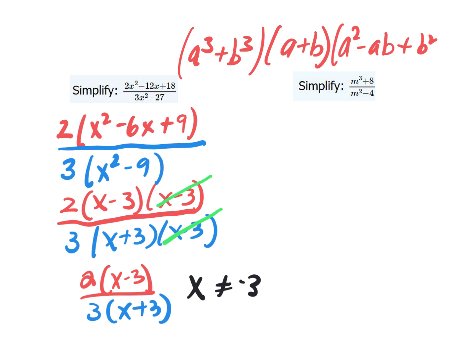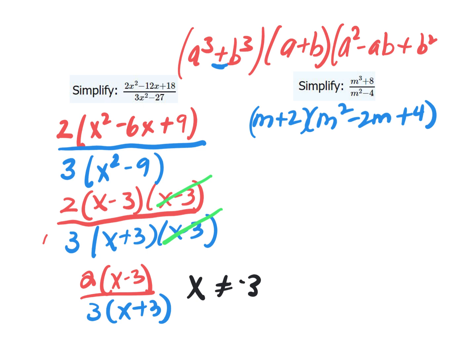So when I go to factor a cube, like I have in the first step here, m to the third plus 8, that is going to be m plus 2 times m squared minus 2m plus 4. So you might need to go back and review how to factor a cube, whether you have, like we did in this one, a sum or a difference.